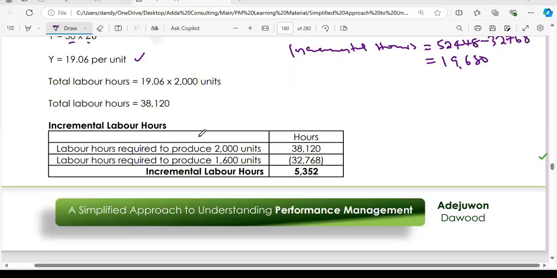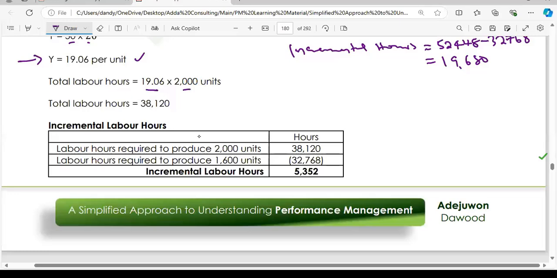Yes. So now that you have calculated the cumulative average hour per unit for the 2,000 units, the next thing is to get the total labor hours. So the cumulative hour per unit multiplied by the required output of 2,000 gave us 38,120.